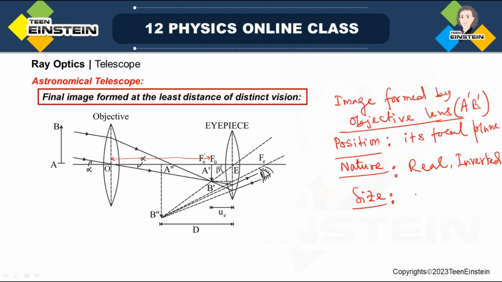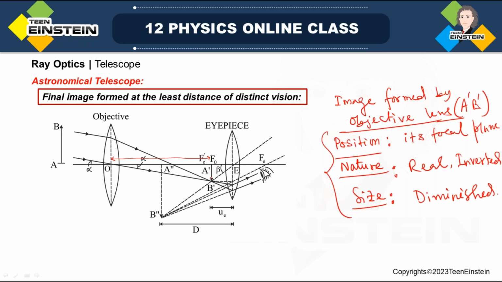Size will be diminished or reduced size, okay? The image will be a diminished image, okay? So these are the nature and some information of the image formed by the objective lens.